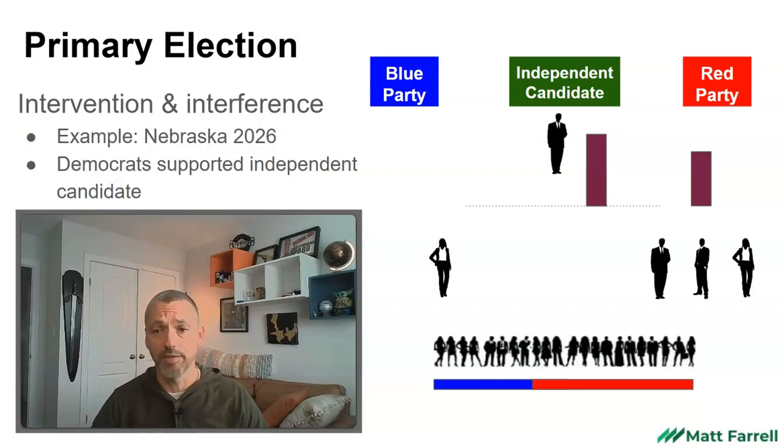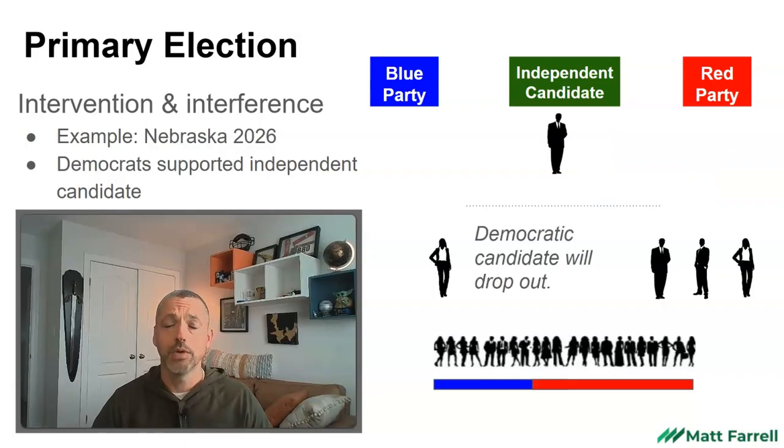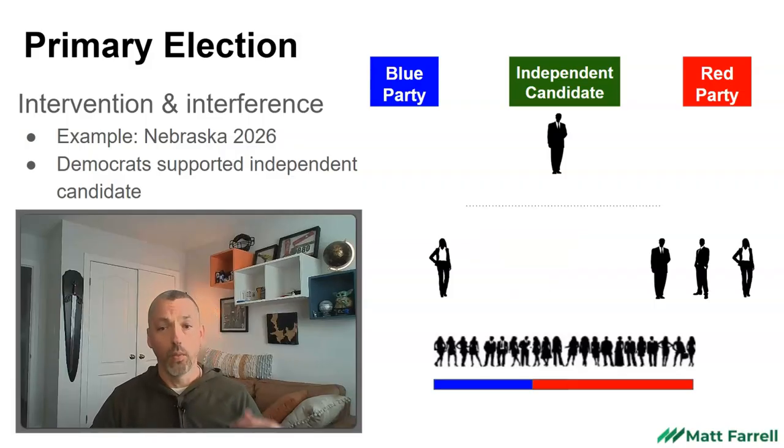Now, the Republicans did have a crowded primary at the time. So what was going to happen? Well, the Democratic candidate said they might drop out of the race in order to pave the way for a two-candidate race between the Republicans and the independent candidate. With that, the Republicans realized the math changed.